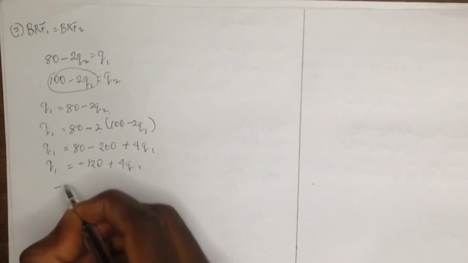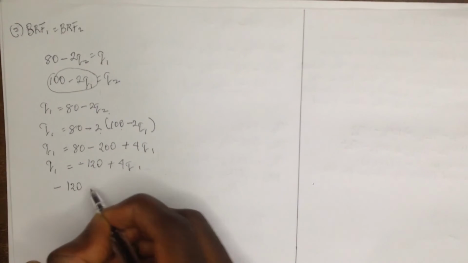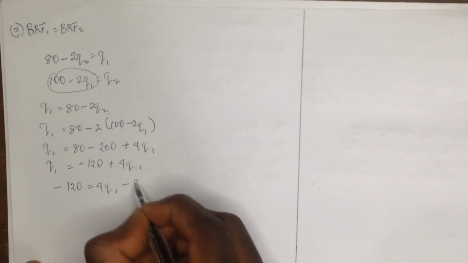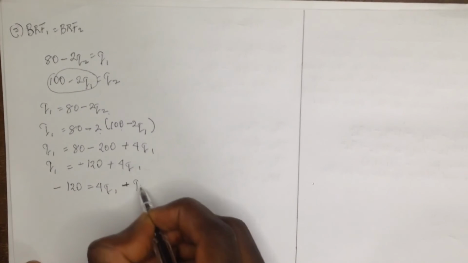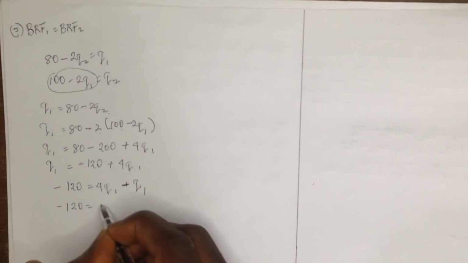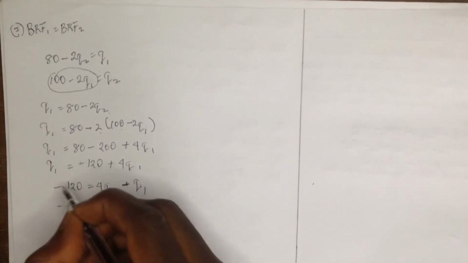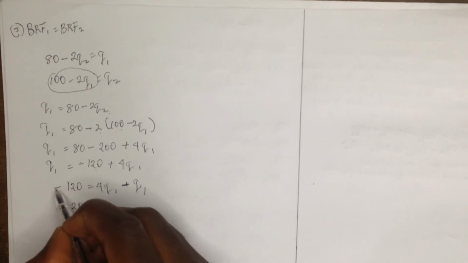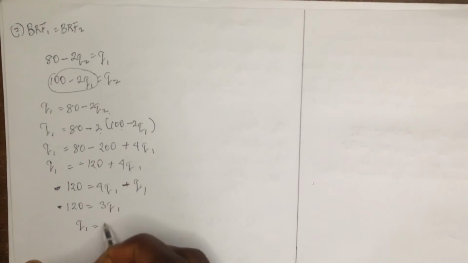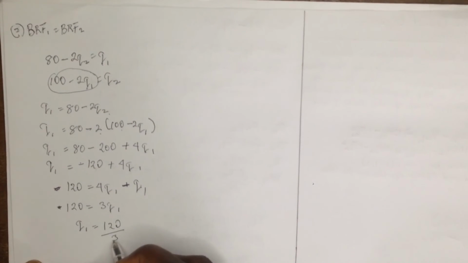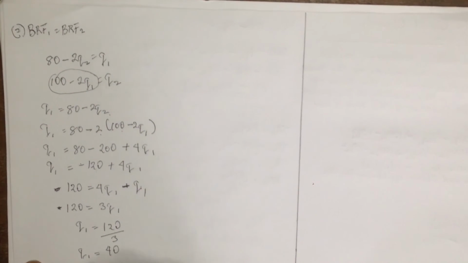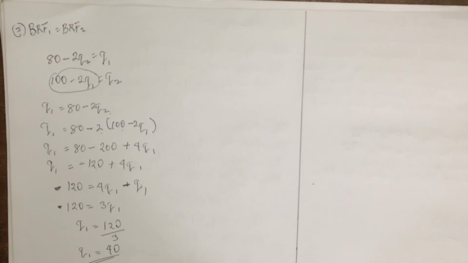Moving terms, minus 120 equals 4Q1 minus Q1, which is 3Q1. When the minus comes to the other side it becomes plus, so Q1 equals 120 over 3, and Q1 equals 40. So we found the equilibrium for Q1.